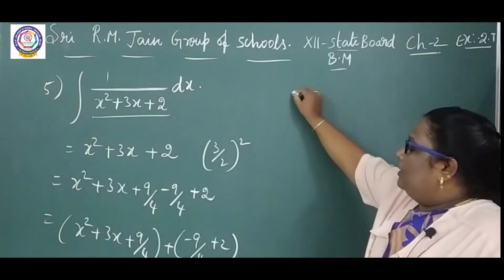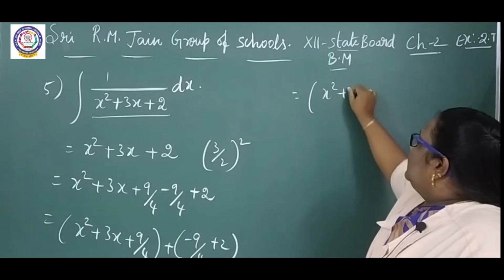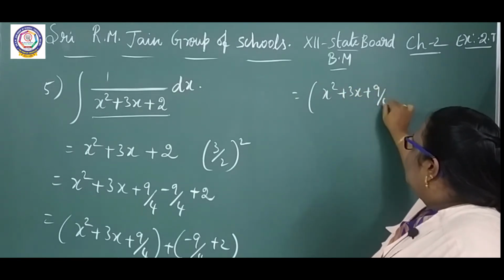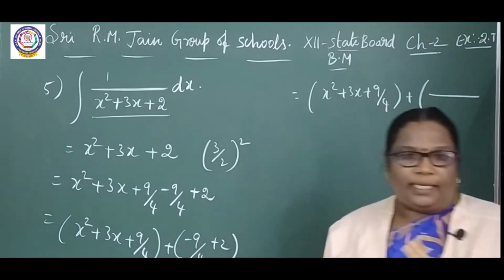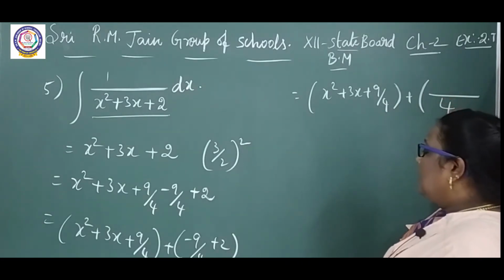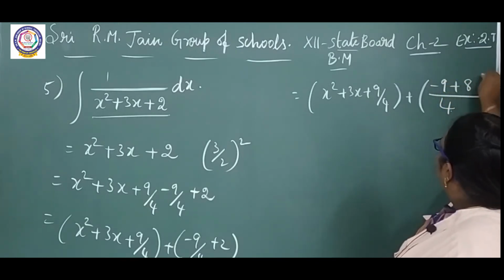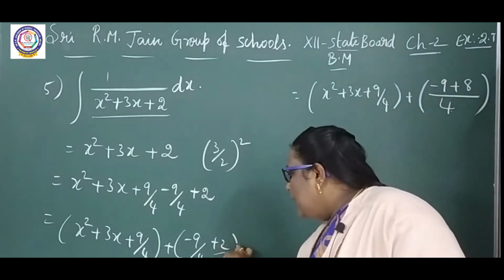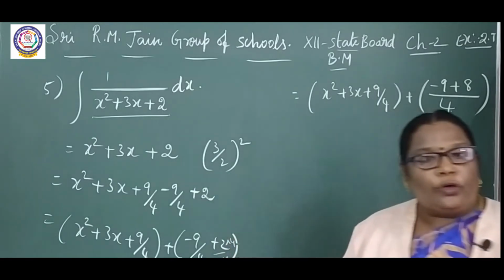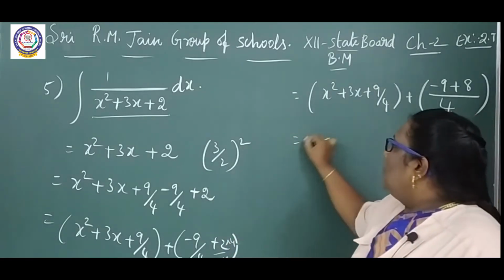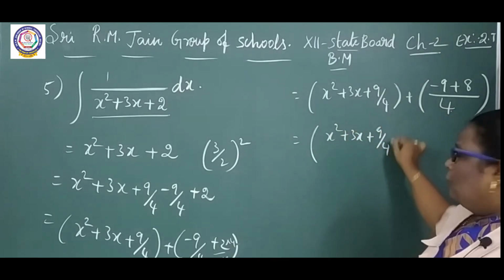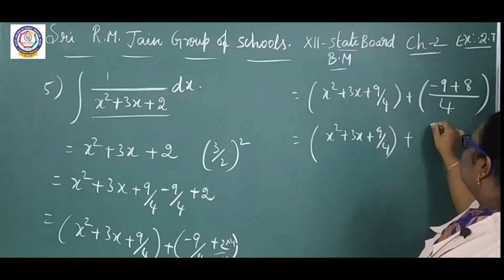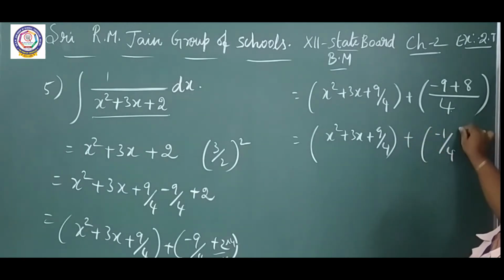See here, x square plus 3x plus 9 by 4 plus, take 4 as the LCM, minus 9 plus 8, because 2 fours are 8. So it gives x square plus 3x plus 9 by 4 minus 1 by 4.